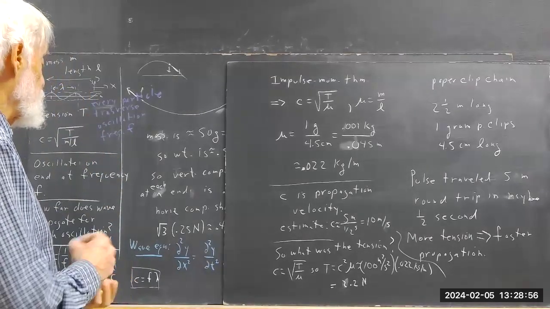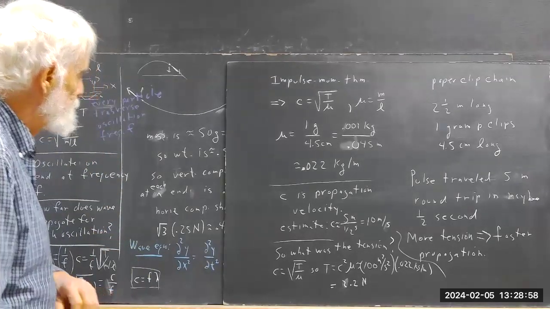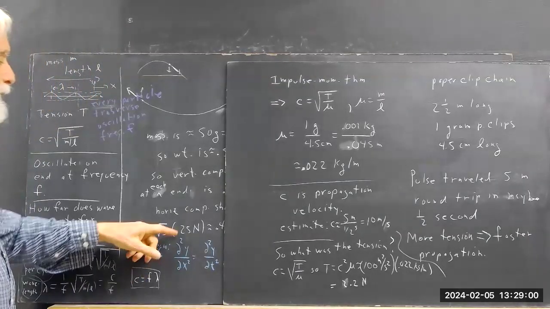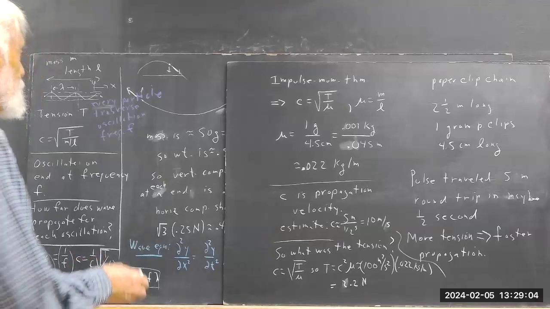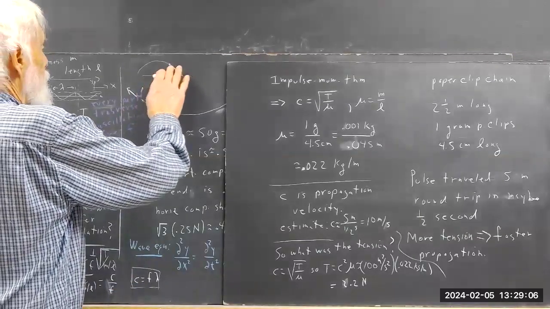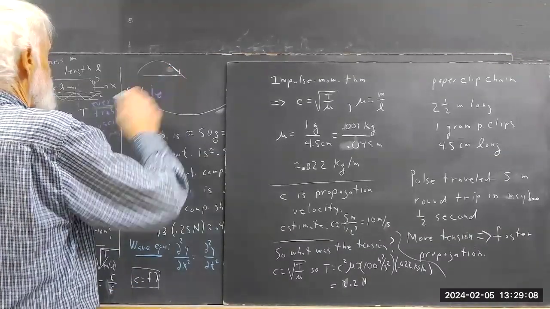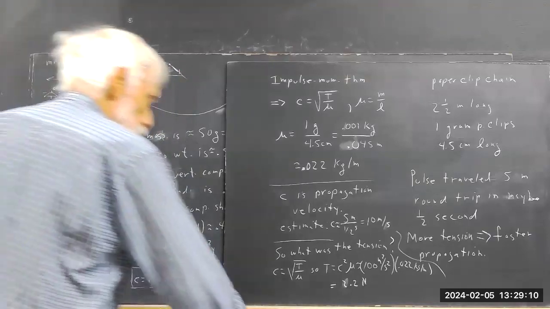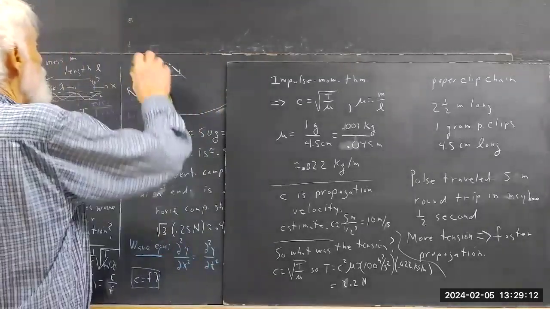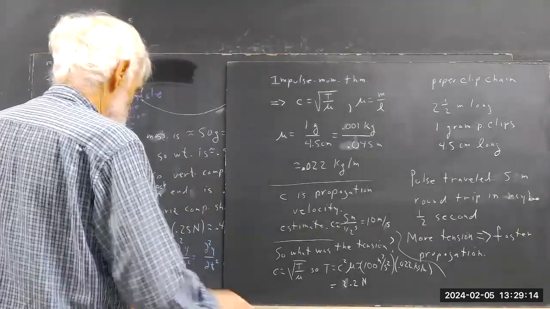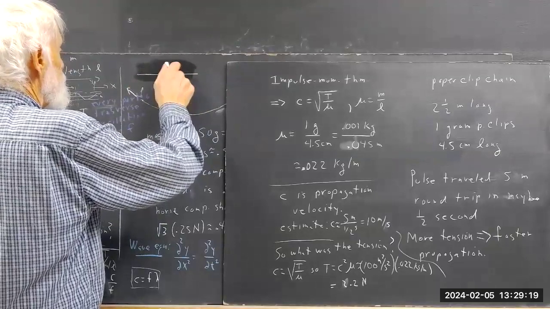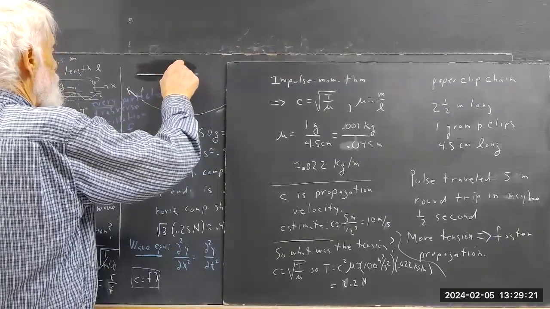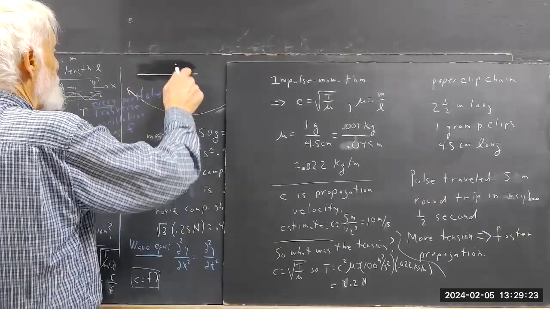Okay, now the second derivative of y with respect to x is the curvature. When I say this is the tension, I spoke incorrectly. Let me say it right. Here you've got the particle.